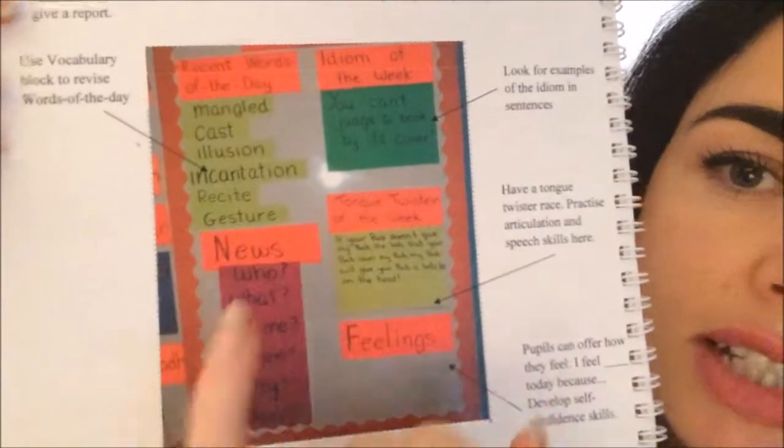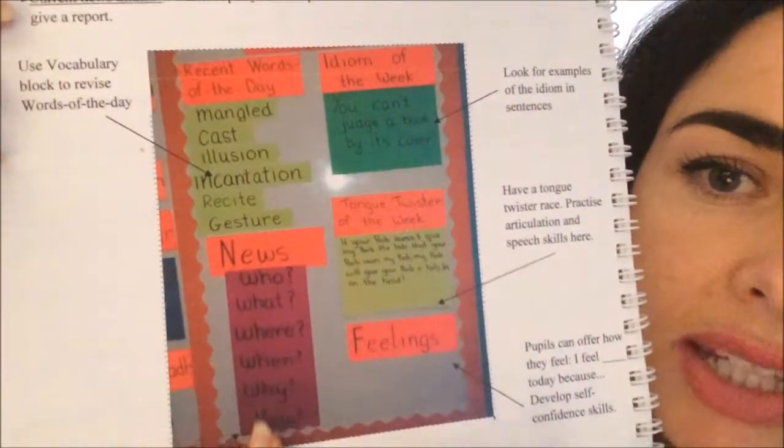Now the next section I have there, my book's got dirty, here you can see the news and the basic questions. This is where I would give out my question cards to the pupils, and I would ask them to give me a report on something that has happened in the news nationally or internationally, with one reporter up on the speaking chair in the corner or with a speaking hat, and the rest of the class have their questions.